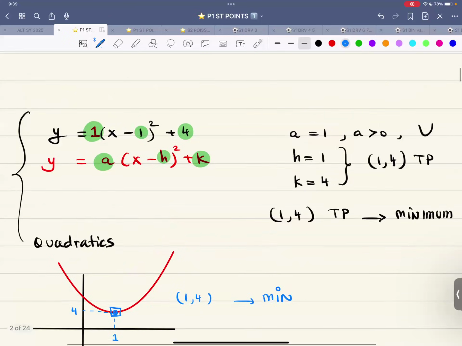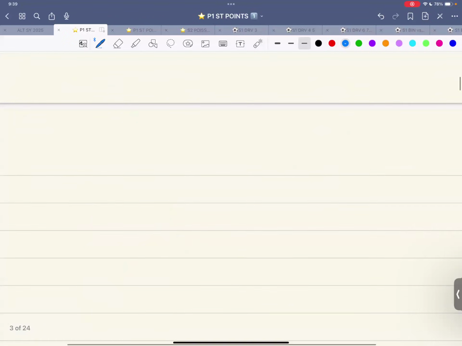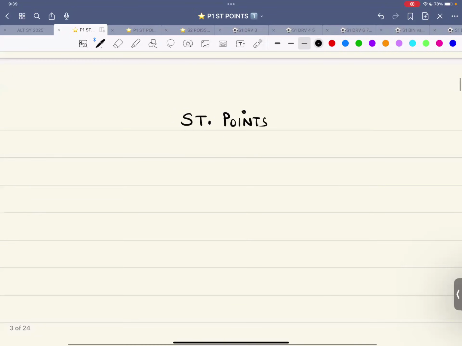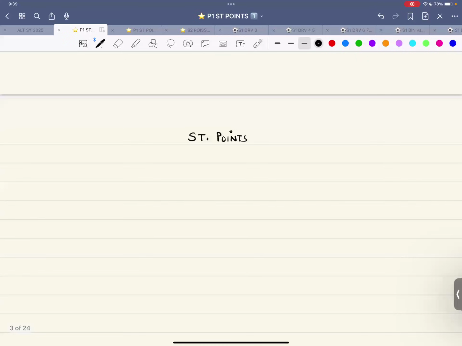Now, what if this knowledge was not given? Is there any other way of doing it? Yes, there is. When we have to calculate coordinates of stationary points, there are a few things that we need to consider. First of all, we will calculate dy by dx and equate it to 0. We will get x coordinates of stationary points.